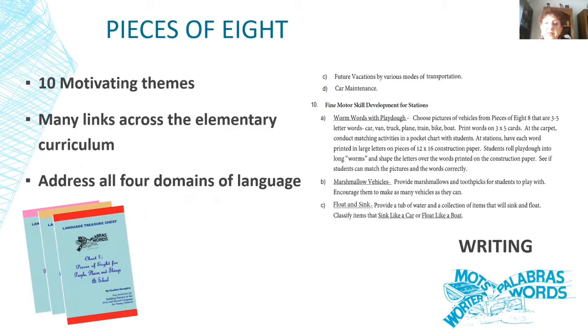If this is from a vehicle unit, maybe the word cars written in nice large letters on a card perhaps at a station. And a lot of our pre-K and K teachers have kids go to stations, correct? So roll out the Play-Doh into worms and then form the letters over the top of the words. This is a fun activity for students just to practice a different way to write the word.